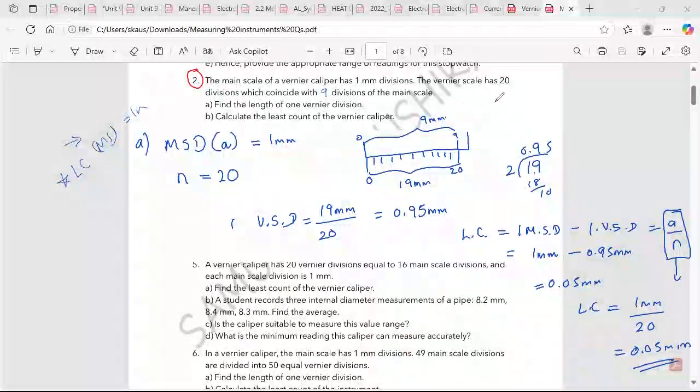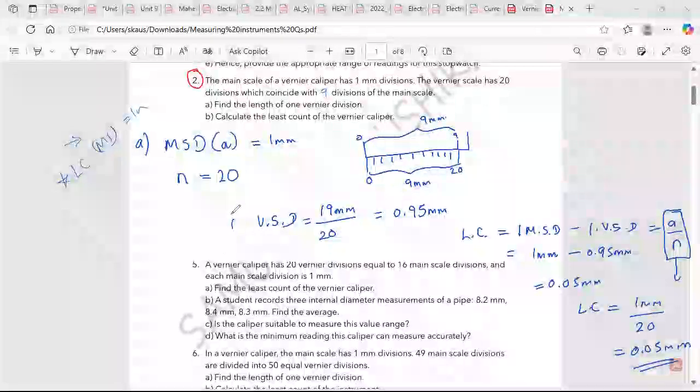So I hope the initial question that we discussed is all right. Here it's not 9 millimeters, I mean 19 millimeters.